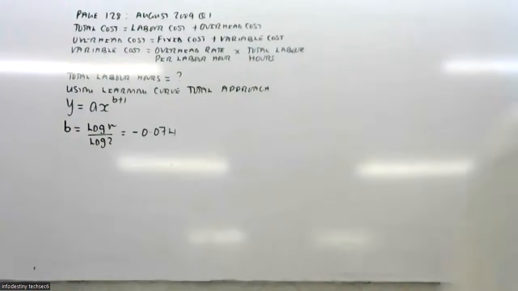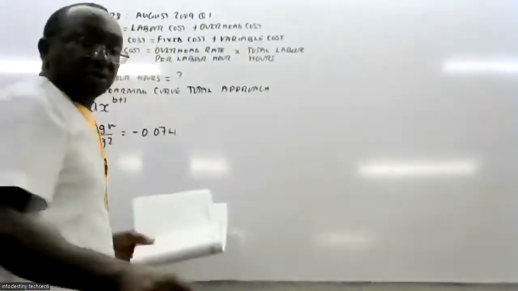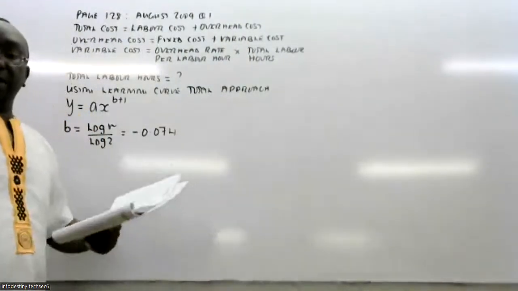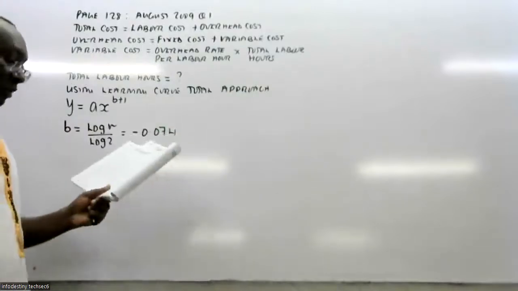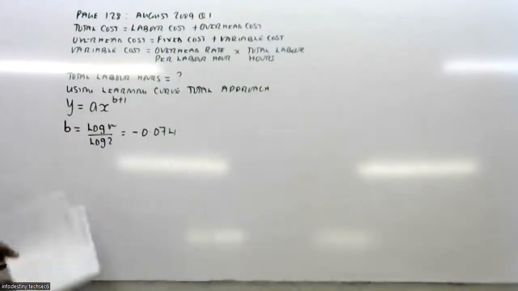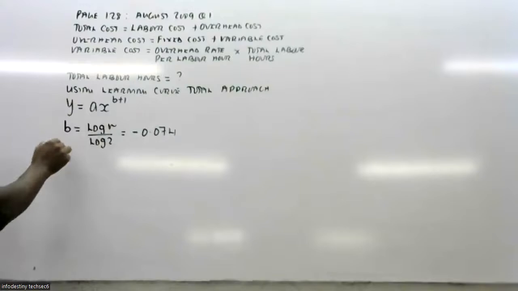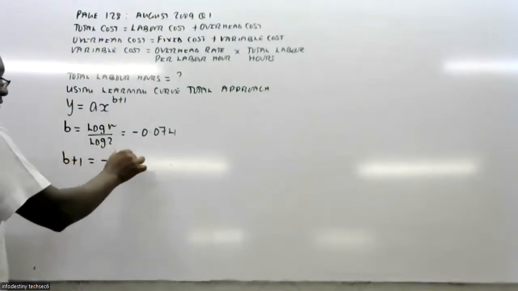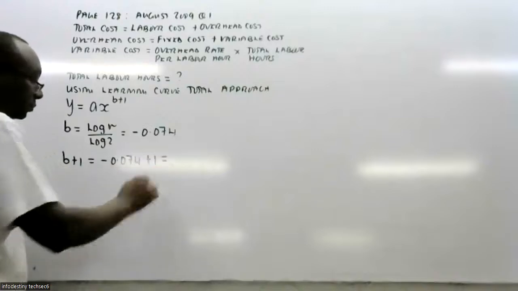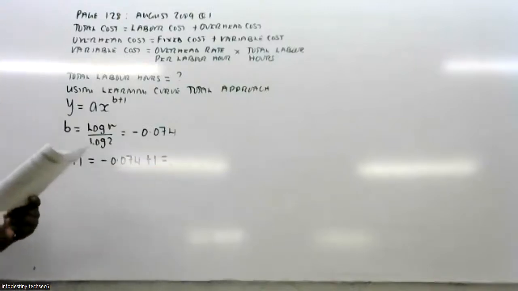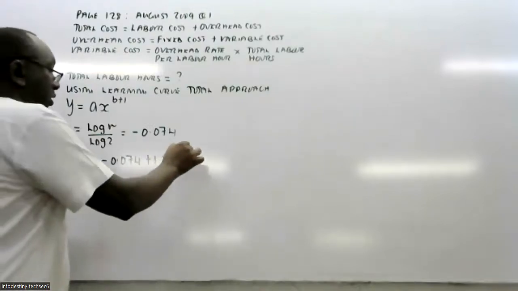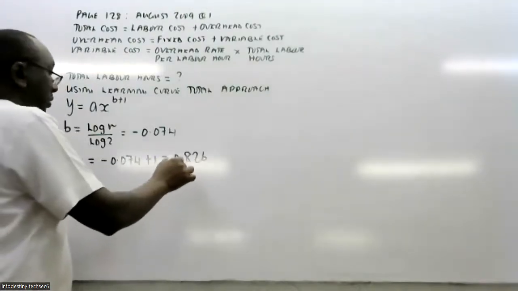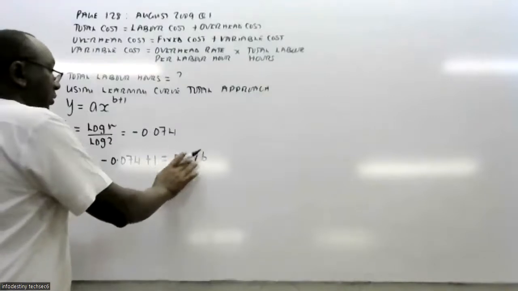So the examiner has already given us that. This tells us that our b plus 1 will be minus 0.074 plus 1, which is 0.926.